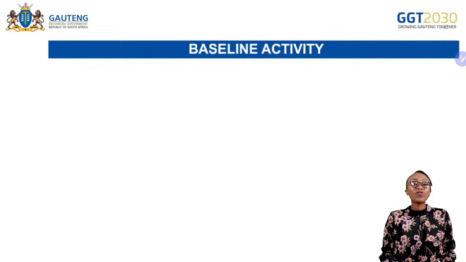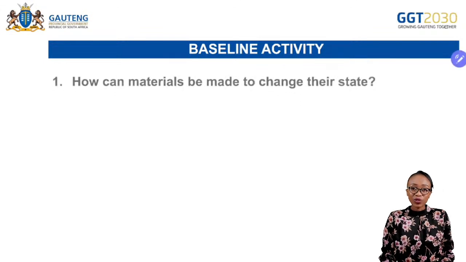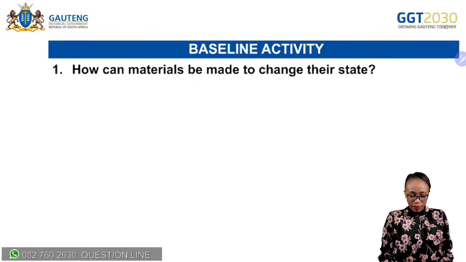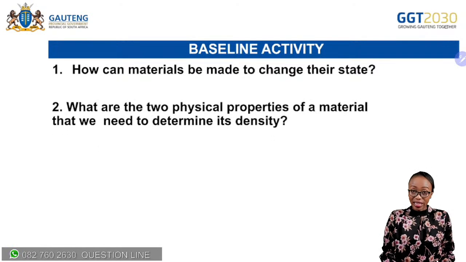Okay, so let's move on to today's baseline activity. I'm going to read out the questions, give you time to answer the questions, and then we will do the solutions together. The first question reads, how can materials be made to change their state? The second question reads, what are the two physical properties of a material that we need to determine its density?